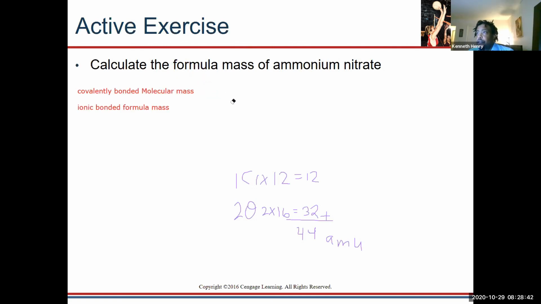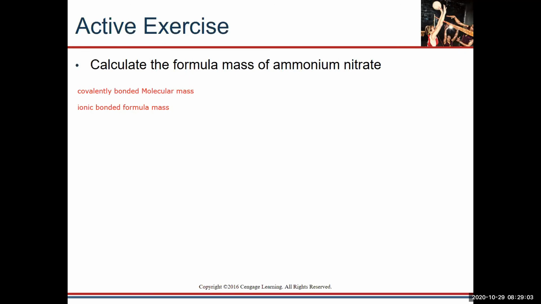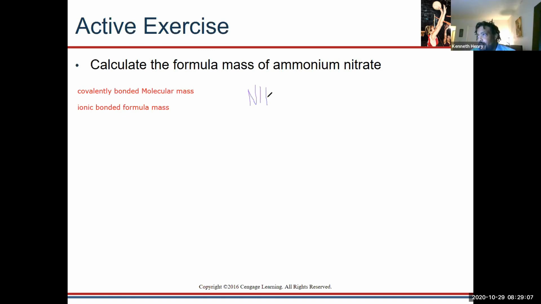Okay. So calculate the formula mass of ammonium nitrate. What is the chemical formula for ammonium nitrate? Roman. NH4.